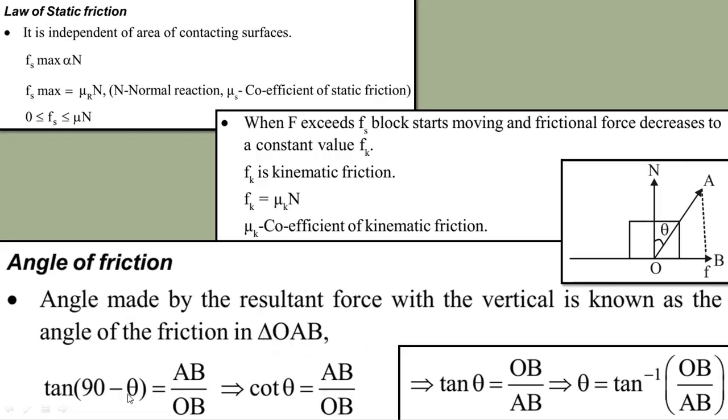So tan(90 minus theta) is equal to AB divided by OB. So cot theta is equal to AB divided by OB. Tan theta is equal to OB divided by AB. Theta is equal to tan inverse of (OB divided by AB).